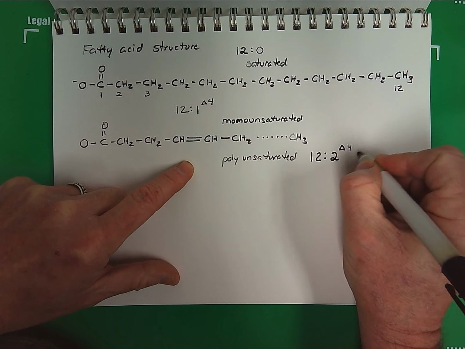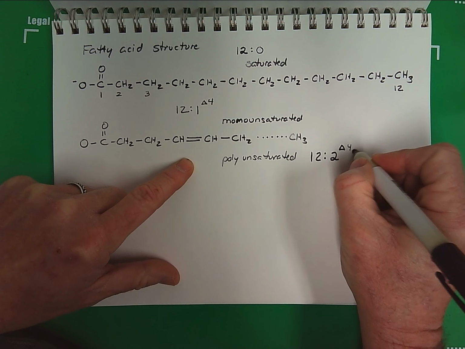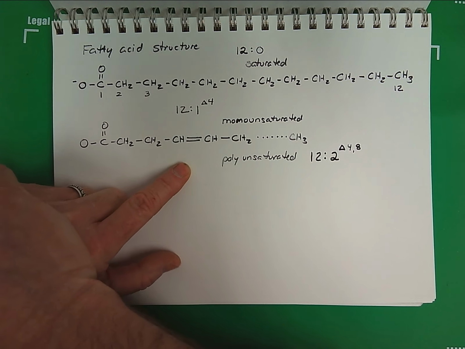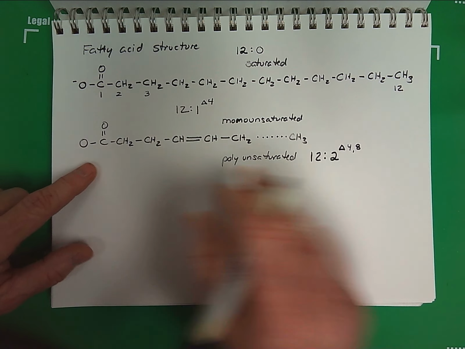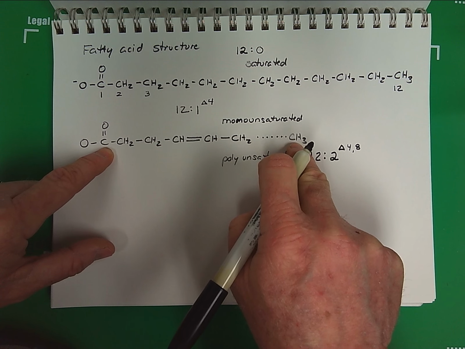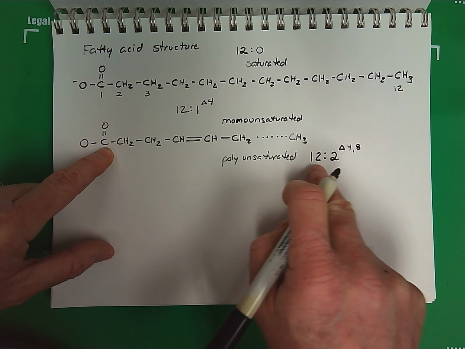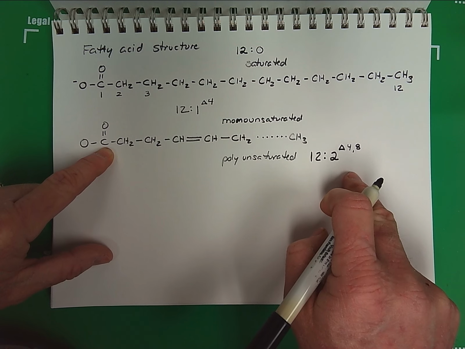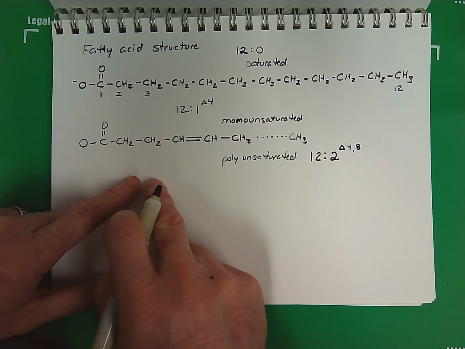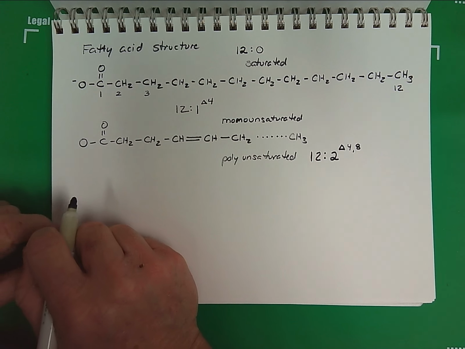The first one we know begins at number 4, and let's say the next one begins at number 8. So from this information, you should be able to take the structure of the fatty acid and correctly name it by this nomenclature, and also perform the reverse. Take this nomenclature and be able to draw out what the fatty acid looks like.